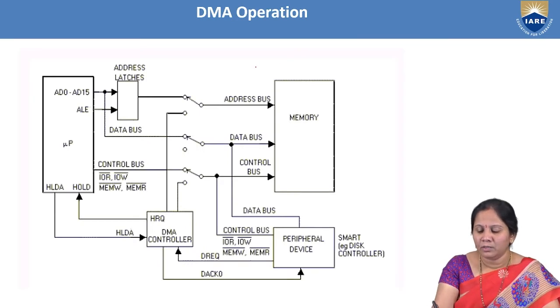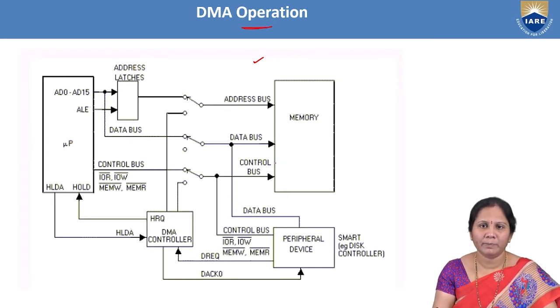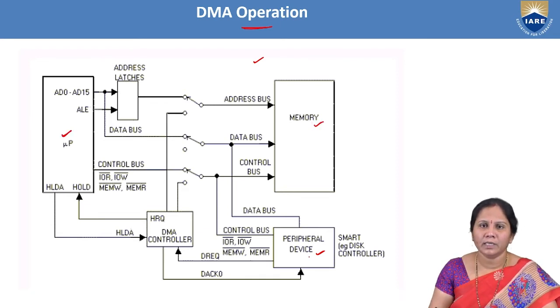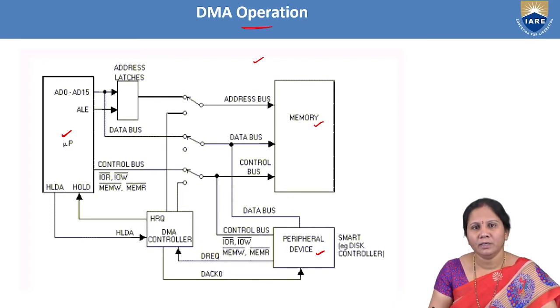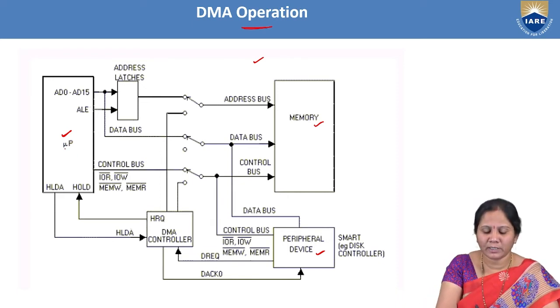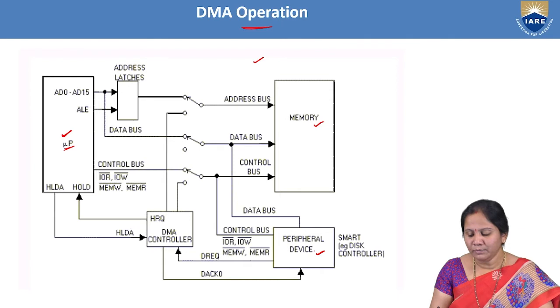If we observe this block diagram, it shows how the DMA operation is performed. This is the basic block diagram of the DMA operation. Here the peripheral device is there, the memory is available, and the microprocessor is there. This DMA controller is compatible with microprocessors like the 8085 and 8086 also, so the microprocessor can be of any type.